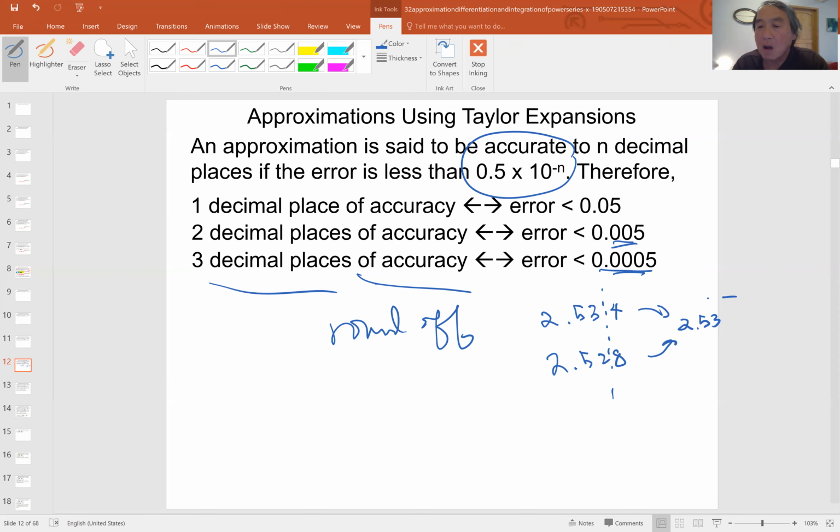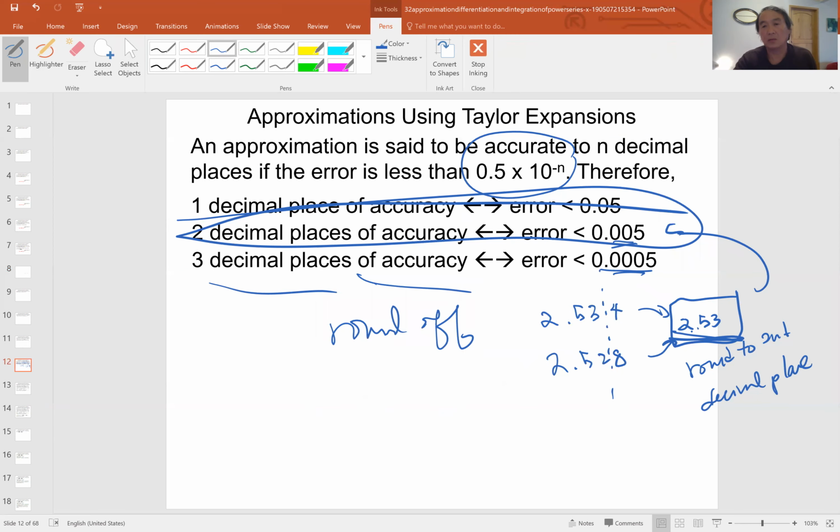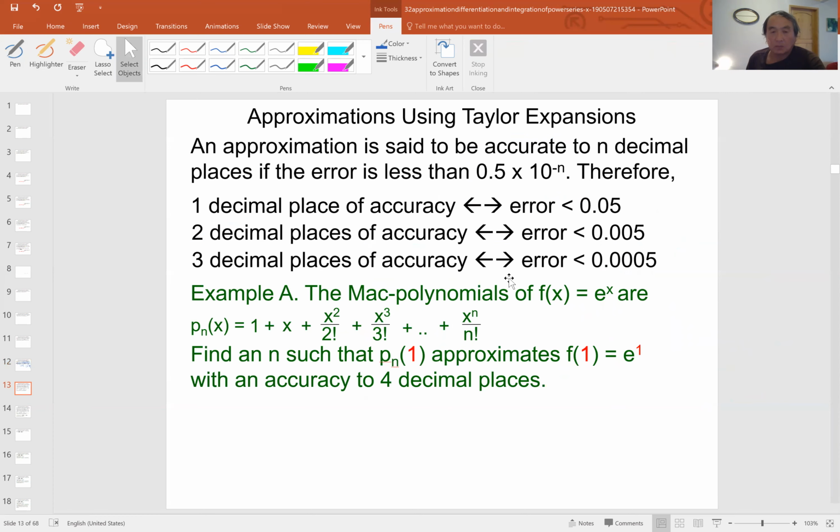Rounding to the second decimal place guarantees the accuracy: this answer is within 0.005. This is where the language comes from. So the usual round-off methods will give the correct decimal places of accuracy.